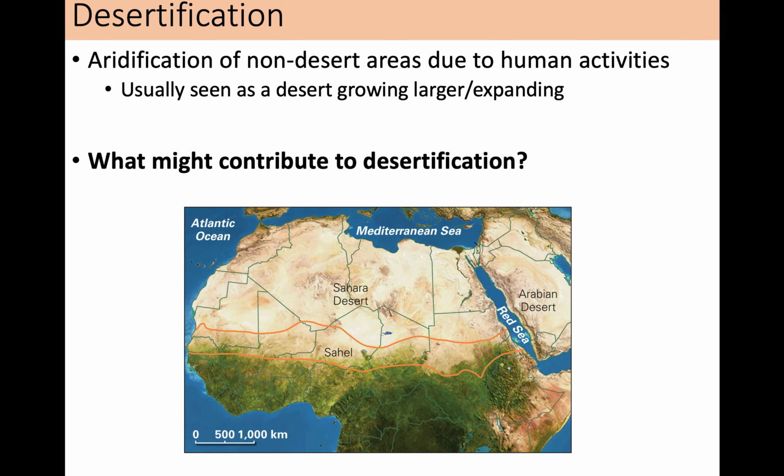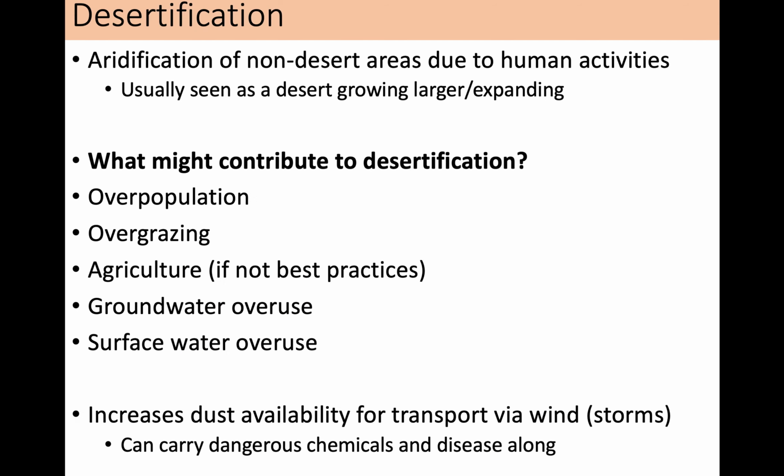This is mostly due to overpopulation, overgrazing by the animals that we are farming, agriculture, if not using good practices, and groundwater use and surface water use. So taking too much water means there's not enough water to sustain other areas, so we're causing deserts to actually grow.